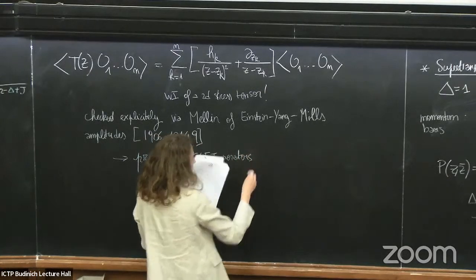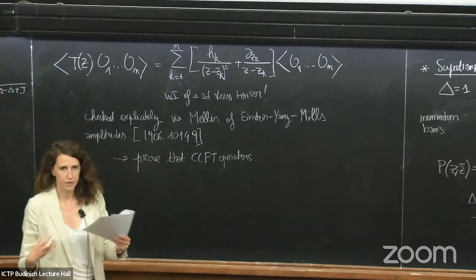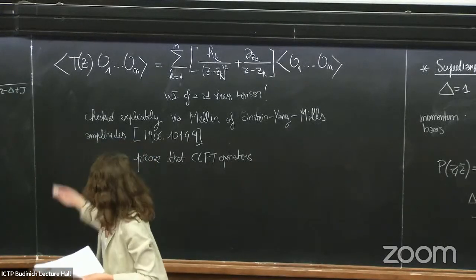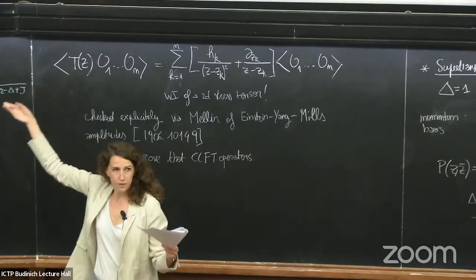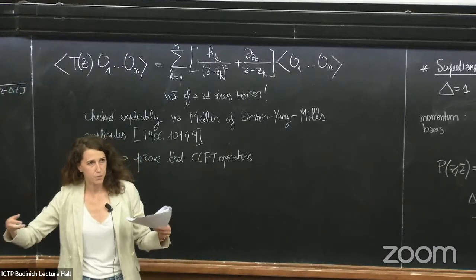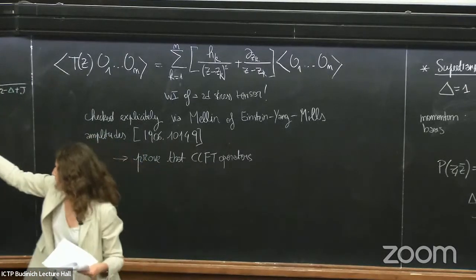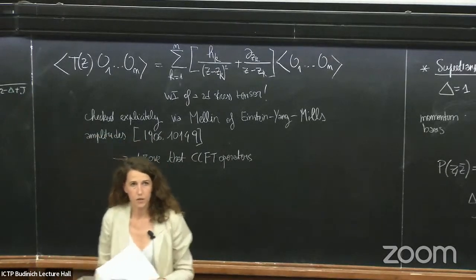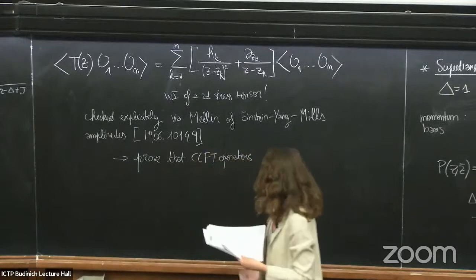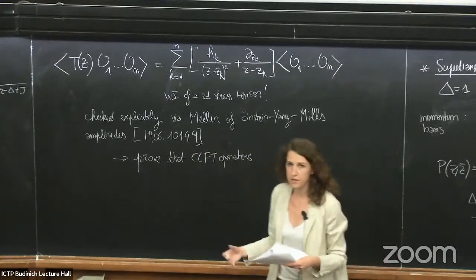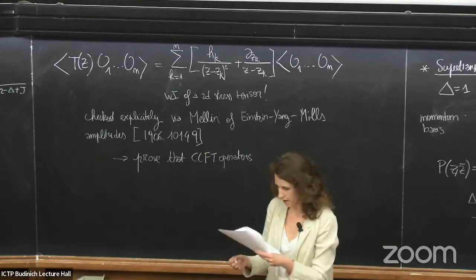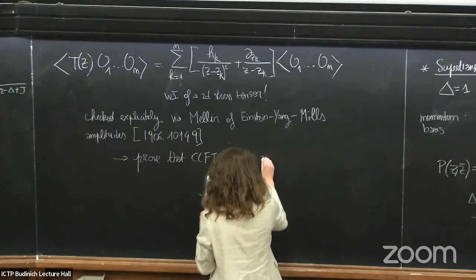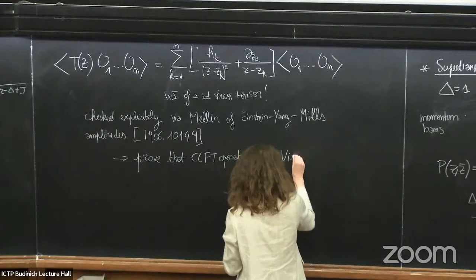Before, I was talking mostly about the global part. I was telling you about the SL2C transformation, Möbius transformation. But now you see that when we are coupled to gravity, the presence of superrotations encoded by this stress tensor is enhancing the group so that the operators are now primaries under the full local group, namely they are Virasoro primaries.